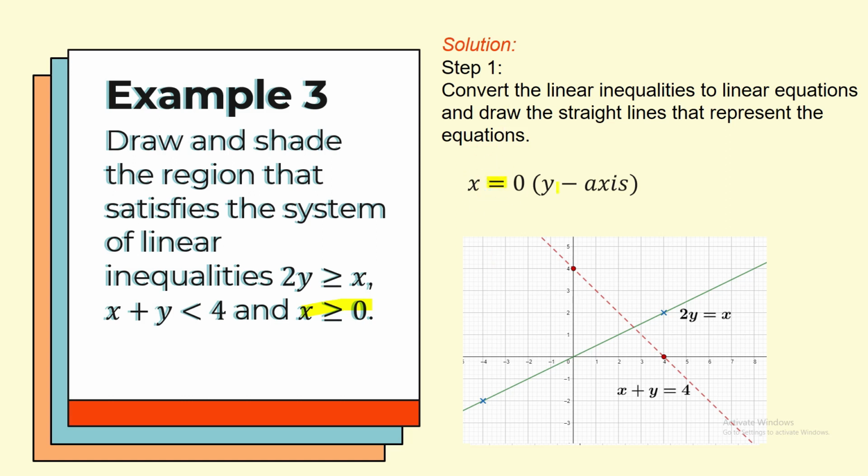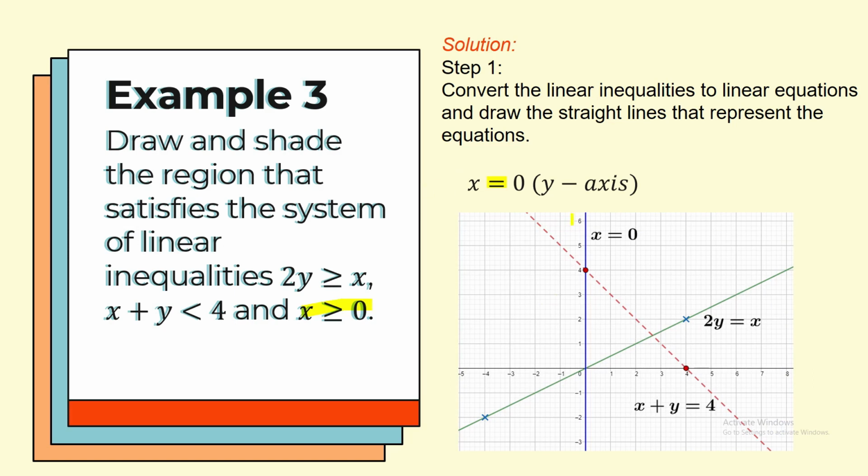Okay, x is equal to 0 lies on the y axis, this vertical line. This is the y axis, so the line is like here. The straight line is a solid line because the symbol of the linear inequality is higher than or equal to 0.